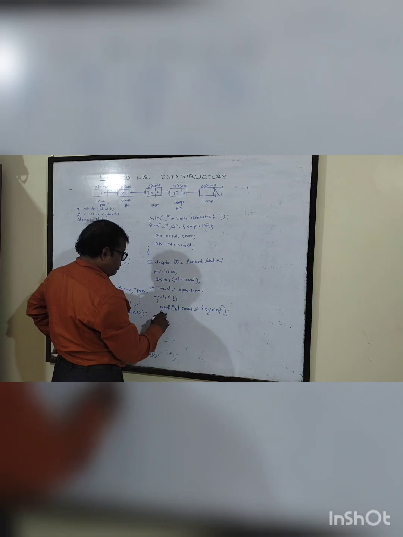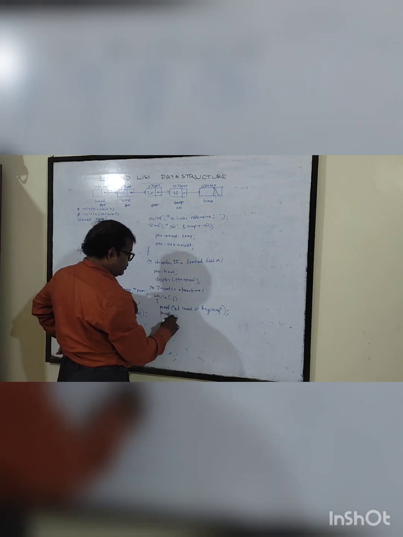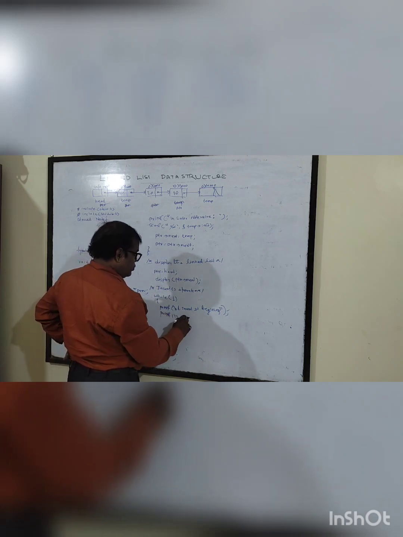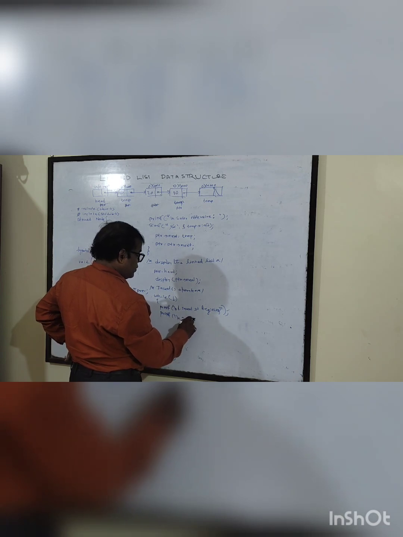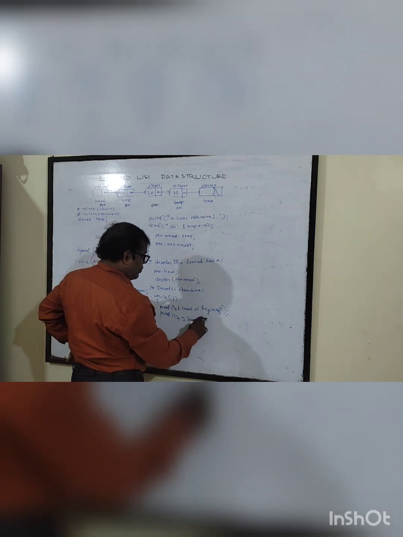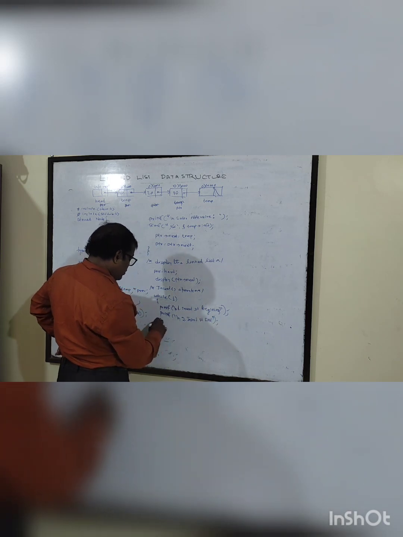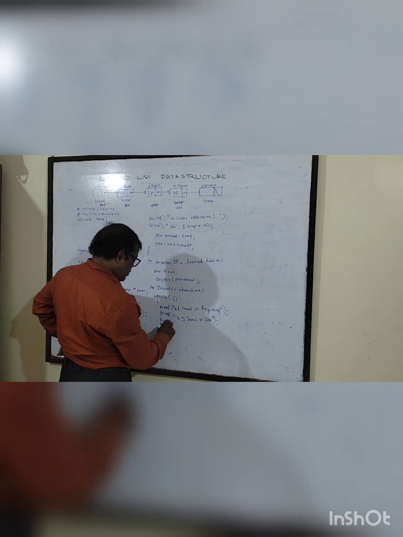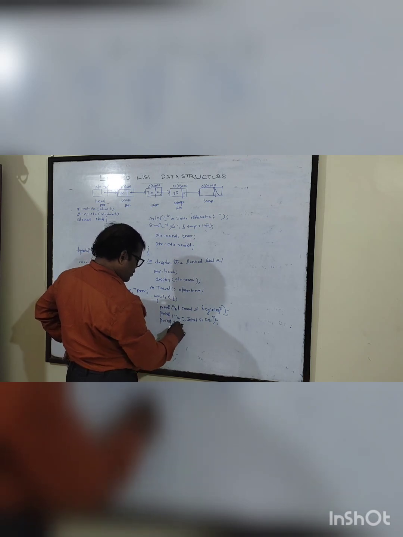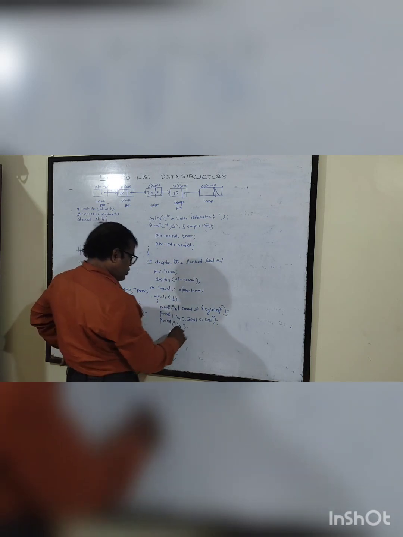Printf, \n to insert at end, and choice number 3, printf, here you write \n 3 is equal to in between.